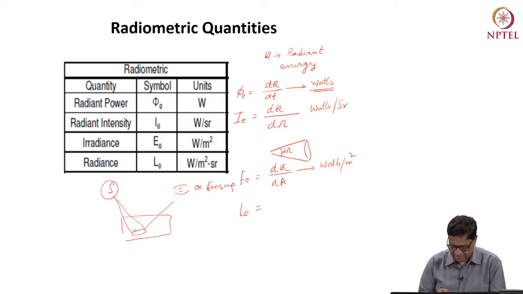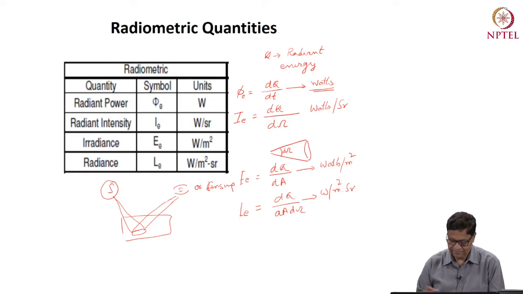So this light which is falling onto this eye or any sensing material is called as radiance. It is defined as dQ over dA d omega, and the units are watts per meter square steradian. So these are the 4 quantities which are useful, and these quantities come under radiometry.